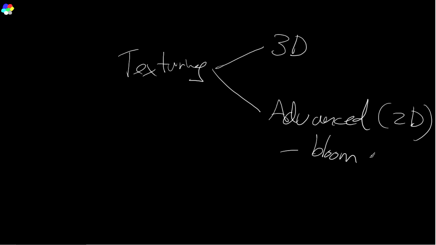bloom, which is that glow effect that you saw, such as particles, which was another one that I was thinking of. And inside of these topics, like inside of bloom, there are things we could cover like SSE and multi-threading.